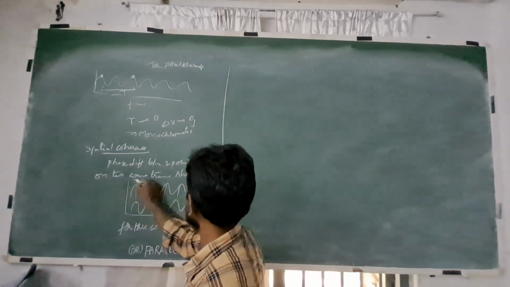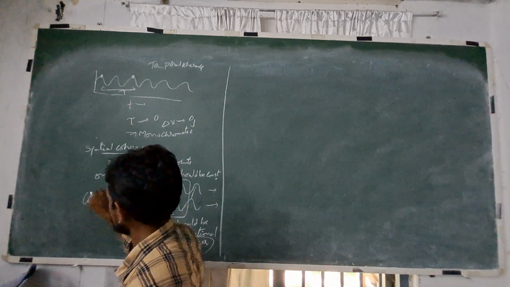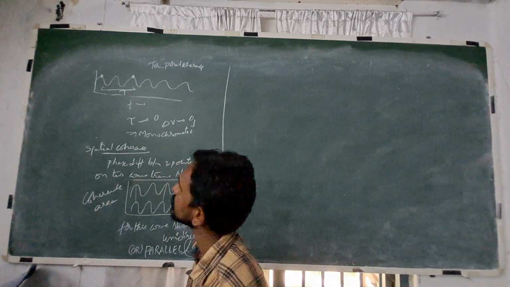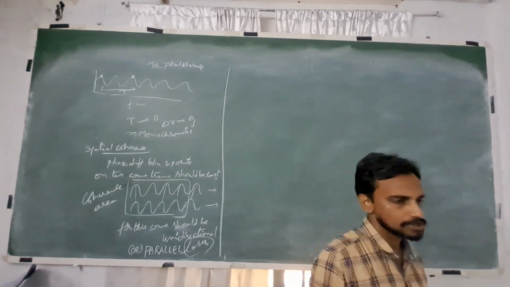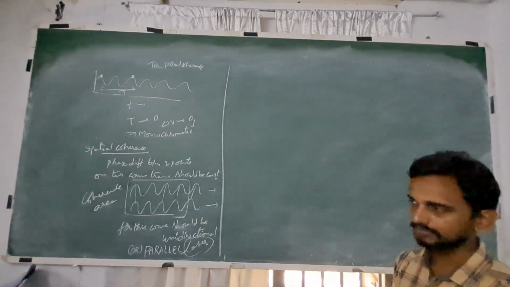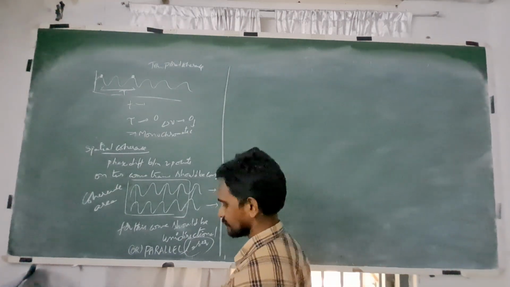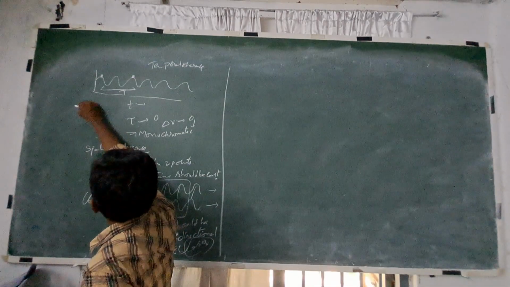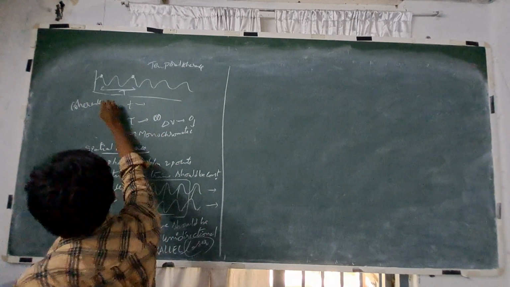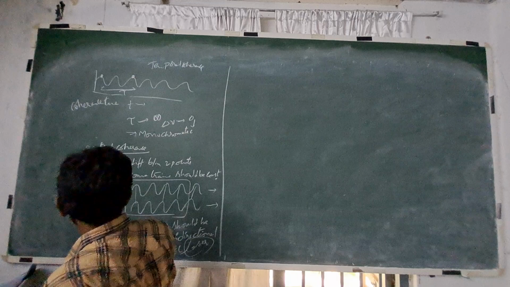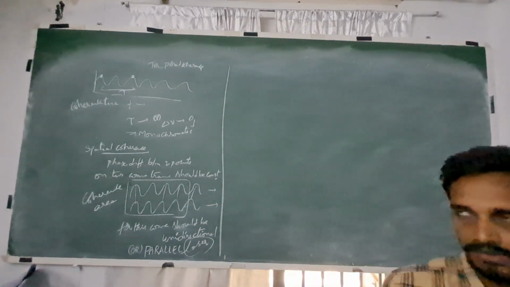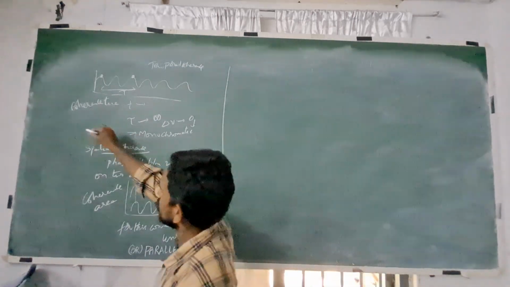So here we can define coherence area: the area over which two wavetrains maintain constant phase. Here it is the coherence time. So here we can define coherence time and coherence length.